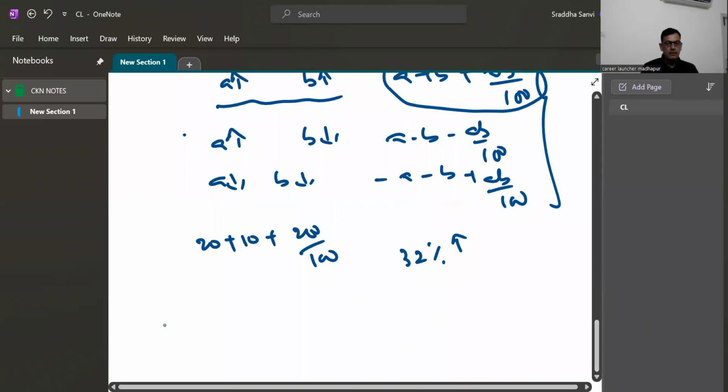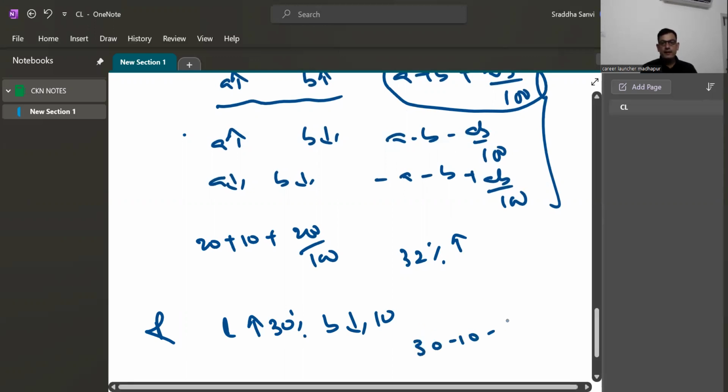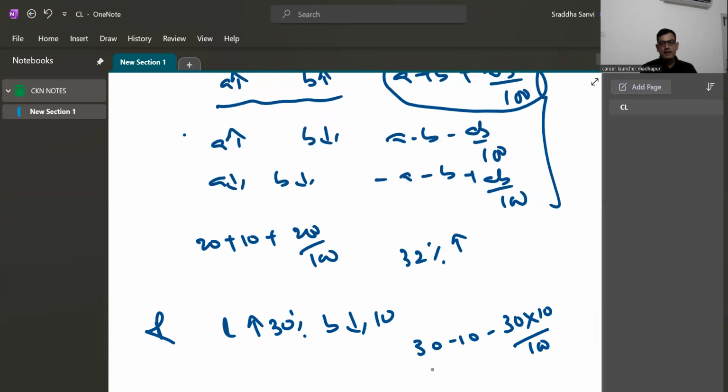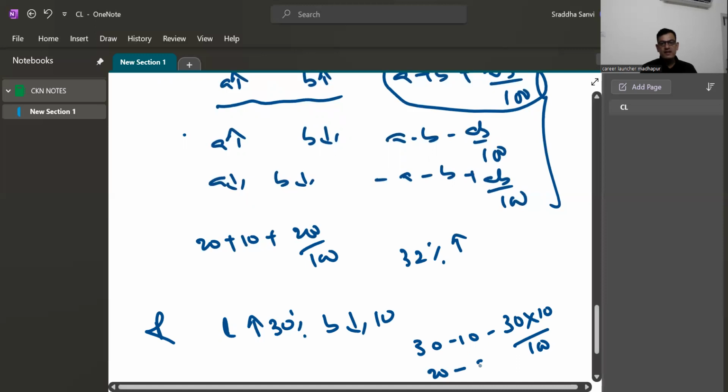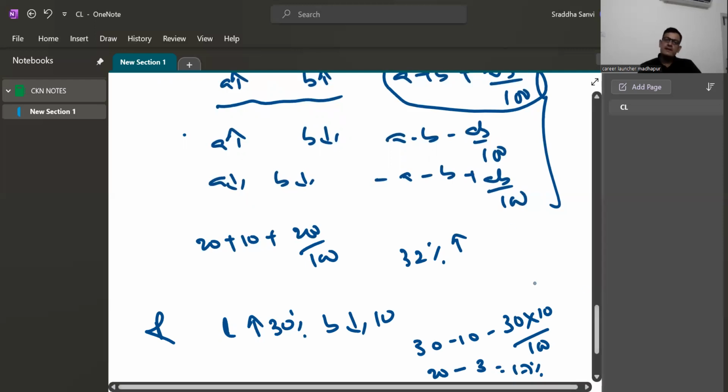For example, for a rectangle, the length increased by 30% and the breadth decreased by 10%. One increase, one decrease, so I will use the second one. My answer will be 30 minus 10 minus 30 into 10 by 100. Simplifying, 20 minus 3, 17% is the answer. So the overall growth is 17%.